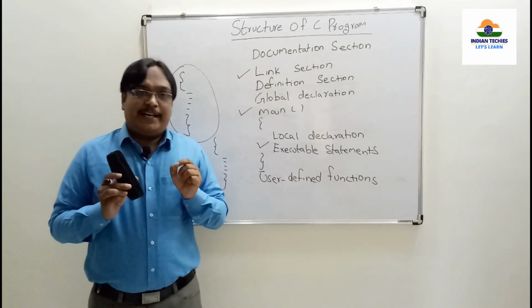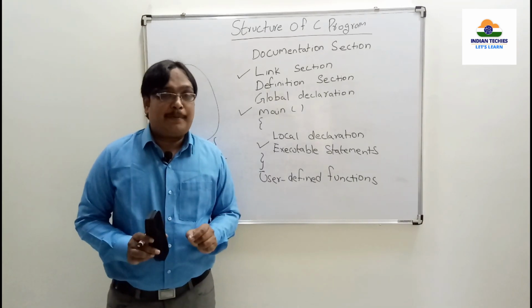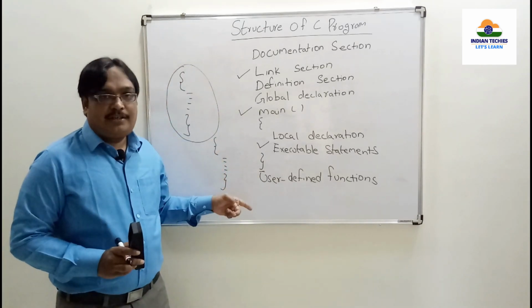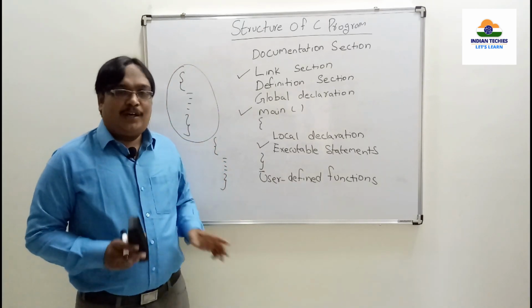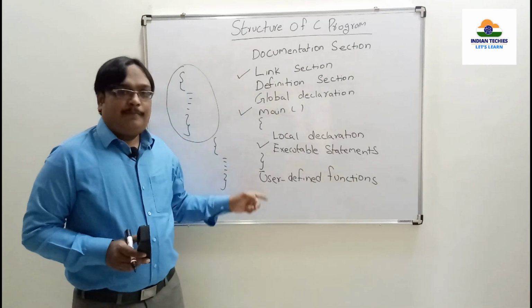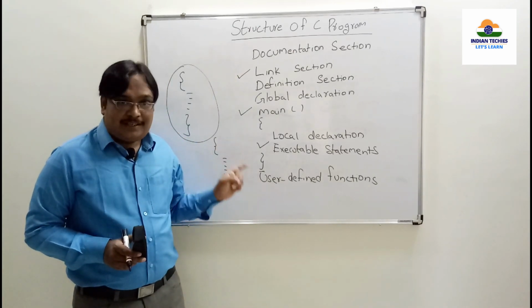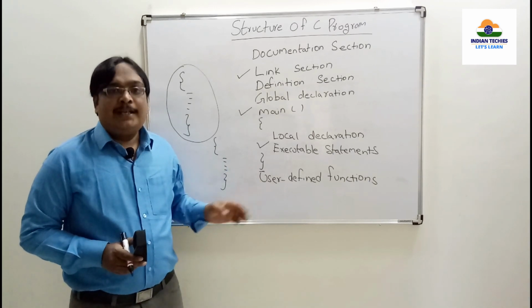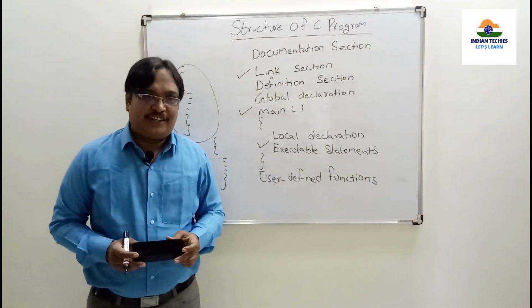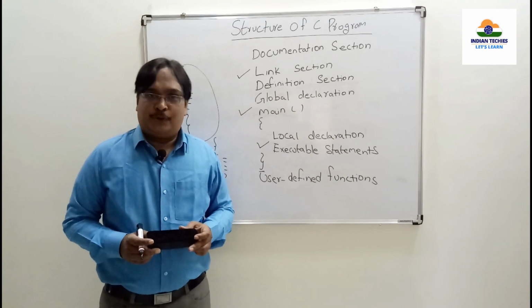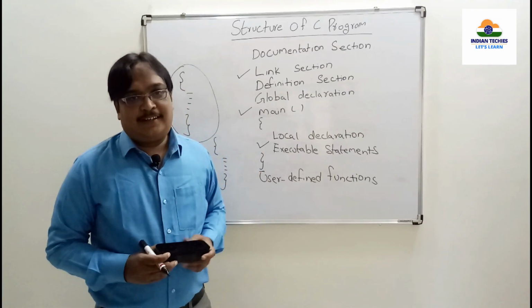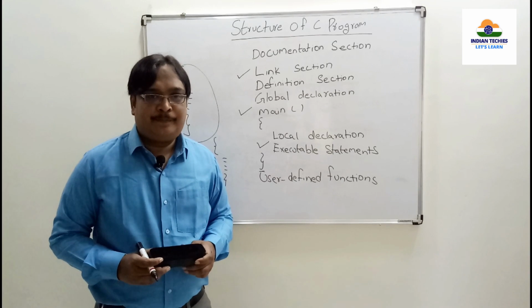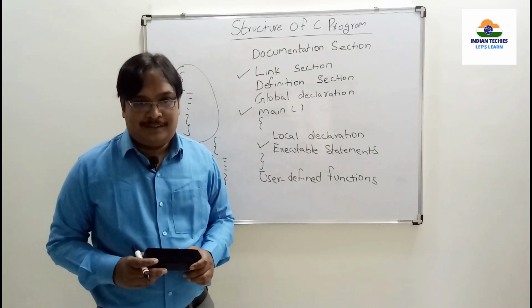Anyone who wants to write a program has to compulsorily follow this structure of the C program. Whatever program you see, everybody follows this order only, this structure only. That's about the structure of C programming. That's the concept of the structure of a C program, which is a very important topic.